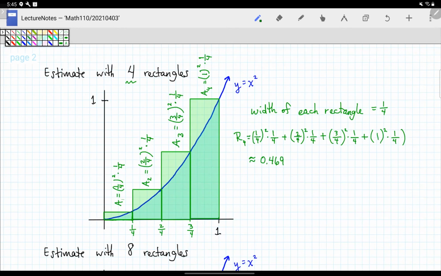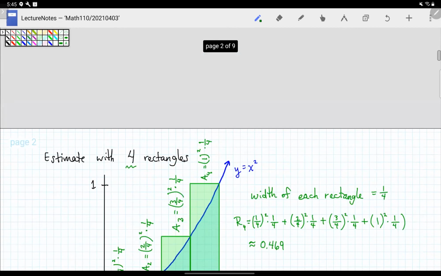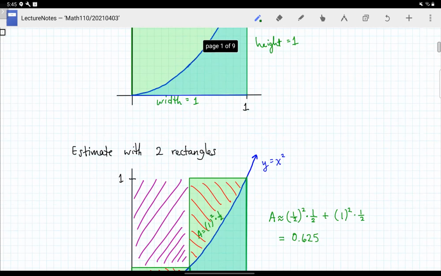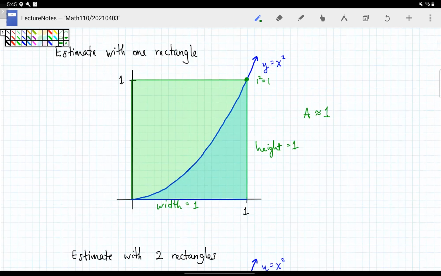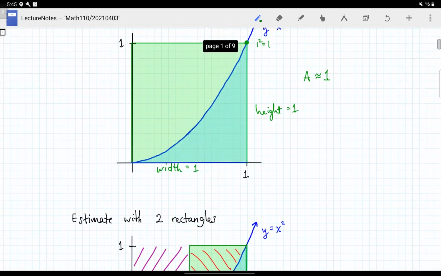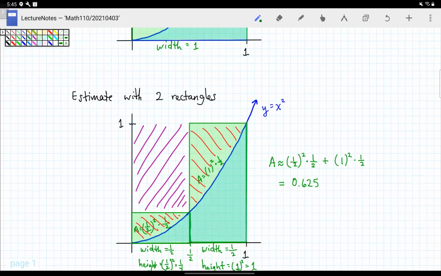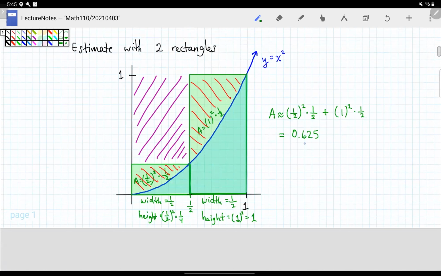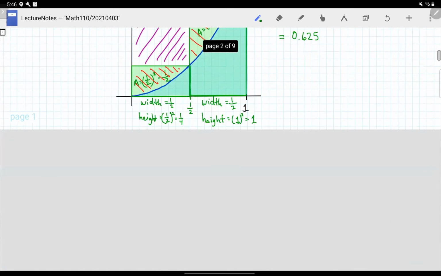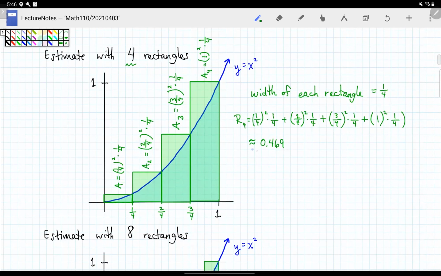0.469. So I want to notice that with just one rectangle, we got an area of 1. With the second rectangle, we got an area of 0.625. And we can see that that's still an overestimation. Here we have an area of 0.469, and it's still an overestimation by our drawing, but it is coming down quite a lot.